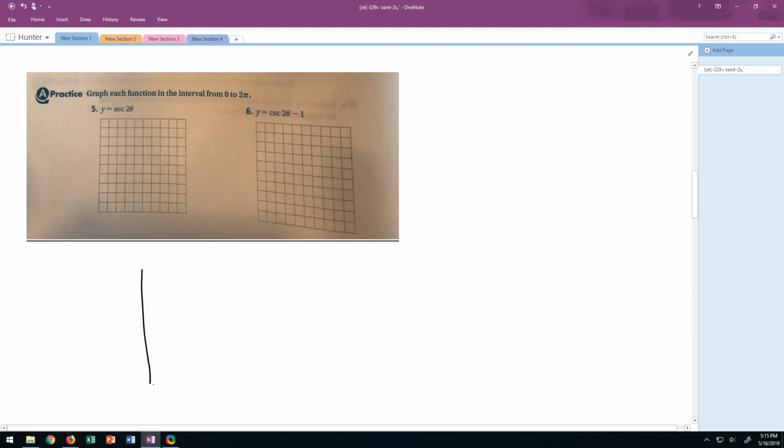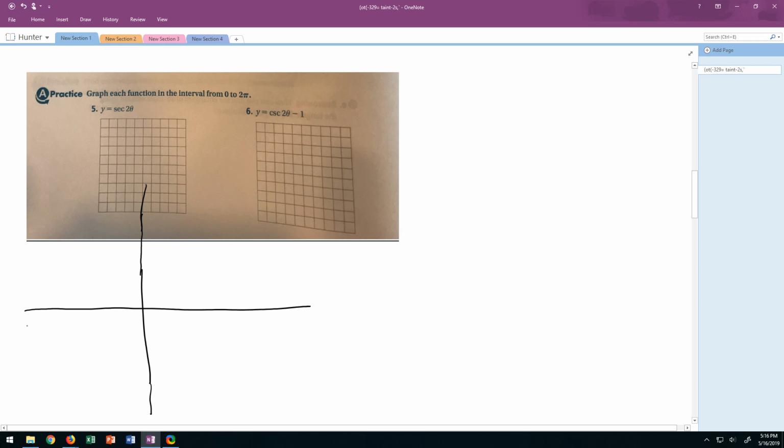So let's see, graph each function in the interval from 0 to 2 pi. Now these are going to be awesome. I wonder if you can use your graphing calculator for this. I think you can, but I'm not positive. We'll check them with our graphing calculator, see if we got them right. So here's my grid.